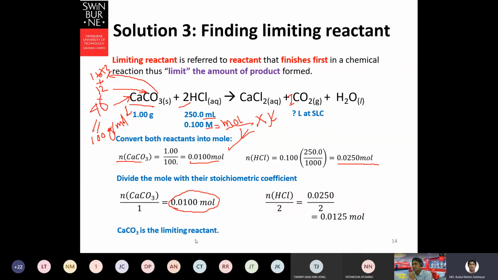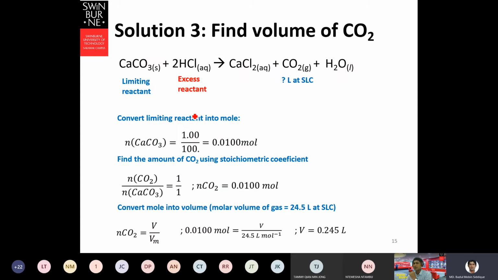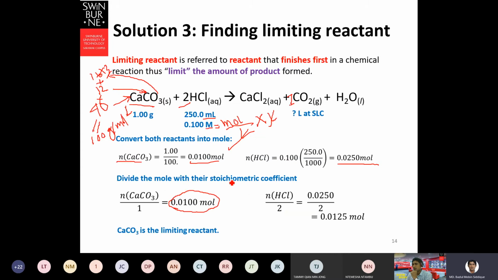So from there, we divide by the stoichiometric ratio. For calcium carbonate, the ratio is one, so it has 0.01, of course.